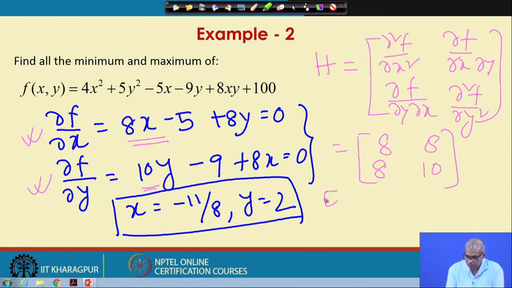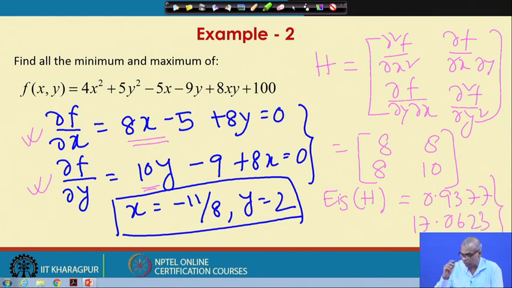The eigenvalues of H are 0.9377 and 17.0623 if we evaluate it. Both the eigenvalues are positive. It means the Hessian matrix is positive definite.